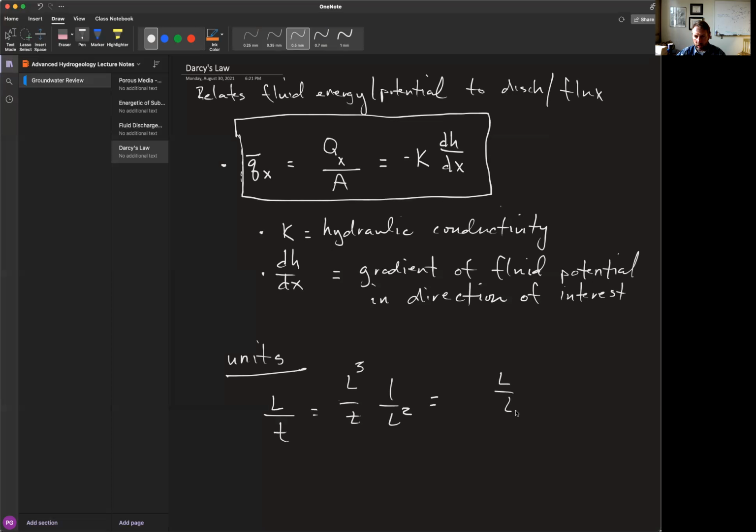I have length over length, so the gradient in fluid potential, or the head gradient, is always a unitless number. And that tells me that K has to have the units of length over time.